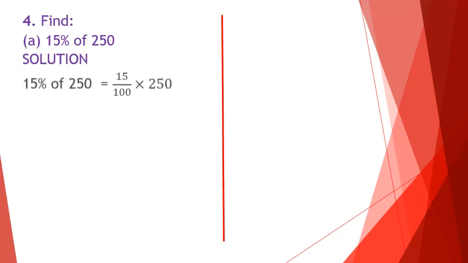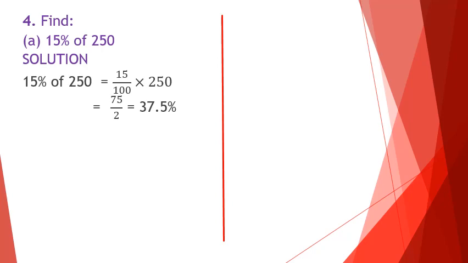Question number 4. Find 15 percentage of 250. First we can convert it into mathematical form. That is, 15 percentage means 15 upon 100, and of means multiplication. So 15 into 250 whole divided by 100. Here you can do the cancellation. 0 from the numerator and denominator can be cancelled.